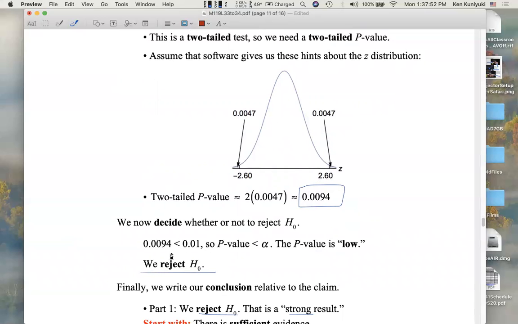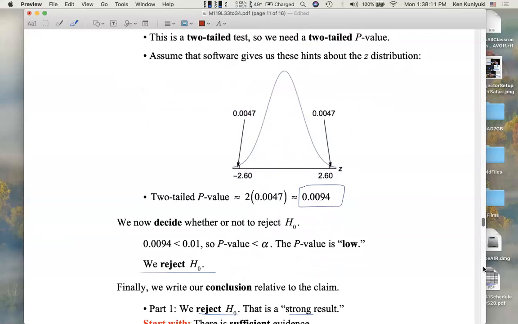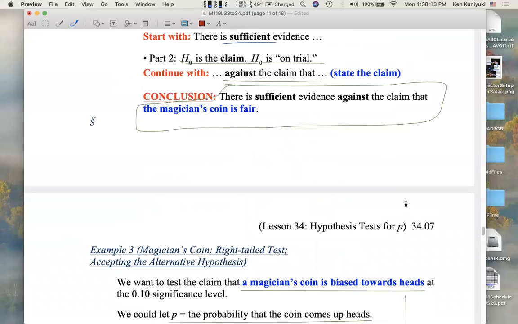Why was it so close here? Well, a couple of things. For one thing, it's a two-tailed test that contributes, but also alpha was very tight. It was only 1%. So sometimes when you look at 60 out of 100, 63 out of 100, it's hard to guess which way it goes. You have to work it out. It's not like 51 heads where you're clearly not going to reject the null, or 99 heads where you clearly are.